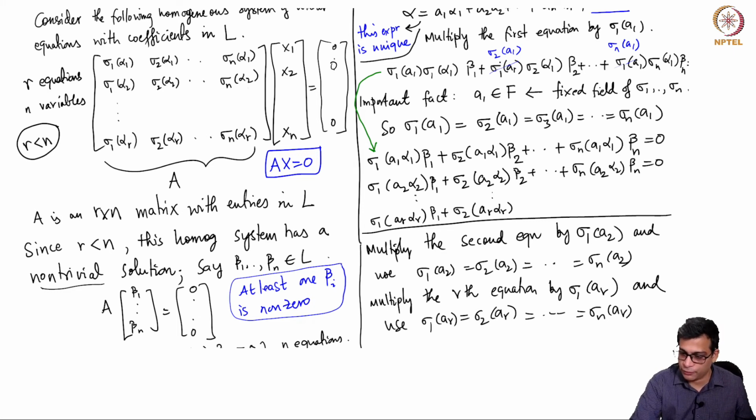It's the same kind of manipulation as before, times beta 2 and all the way up to sigma n AR alpha R beta n is 0.